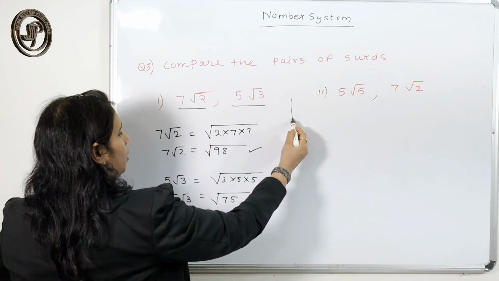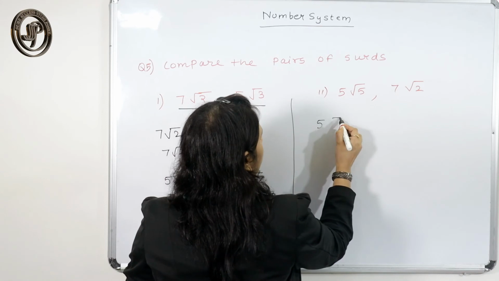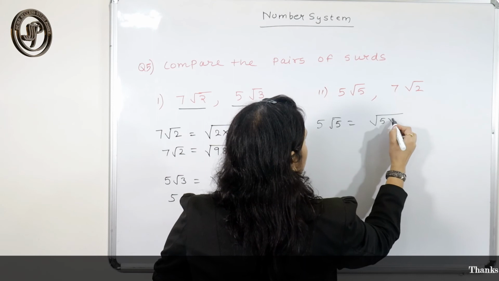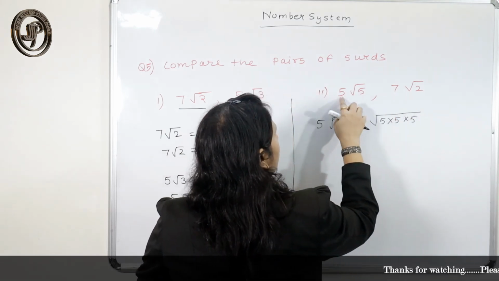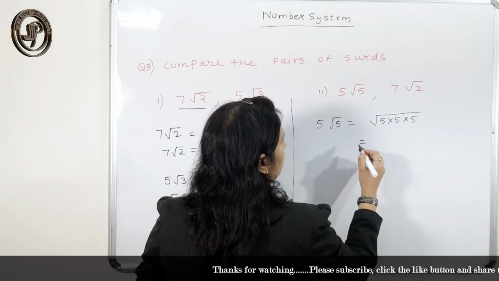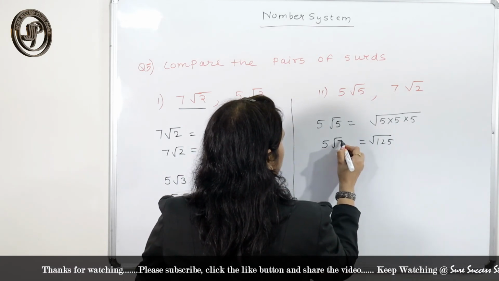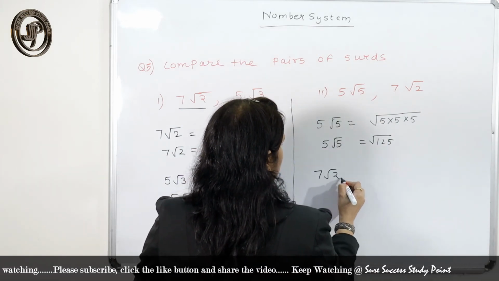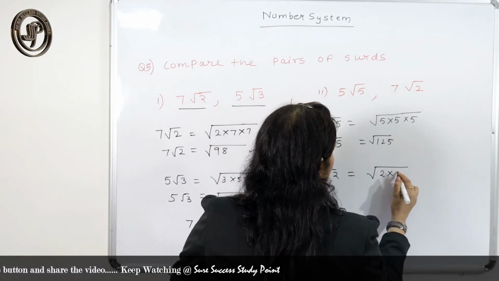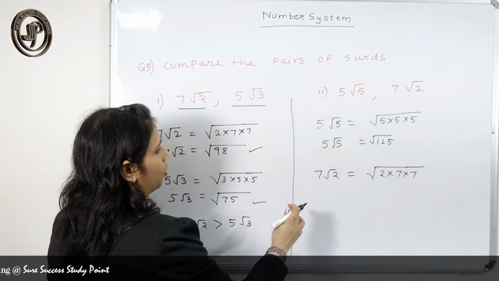Same way you can compare this also. 5 root 5 you can write as 5 into 5 into 5, right? Because the order is 2, if you bring this 5 inside the radical, then you have to multiply 5 two times, which equals 125, so 5 root 5 is root 125. The other is 7 root 2. You can write 7 root 2 as 2 into 7 into 7, because the order is 2.